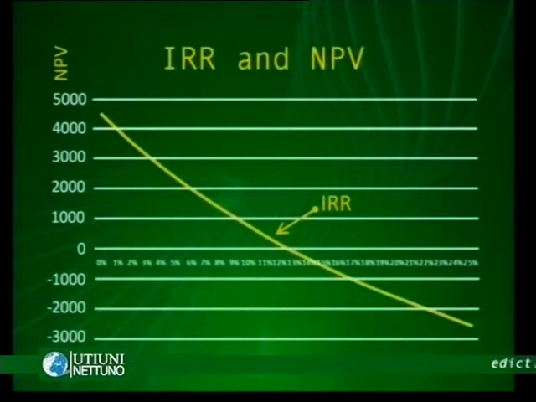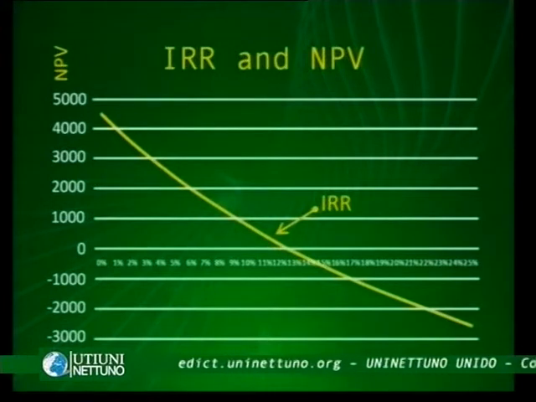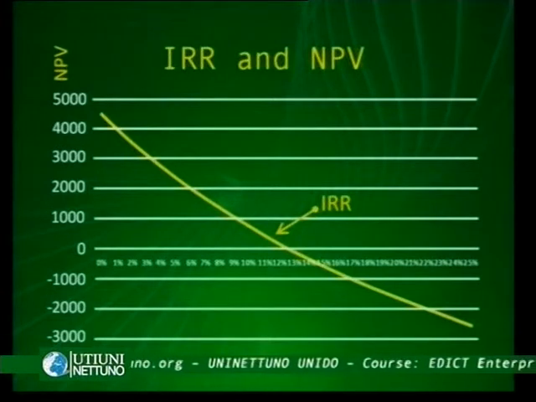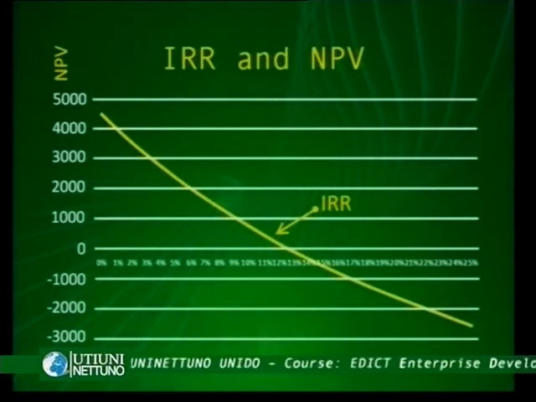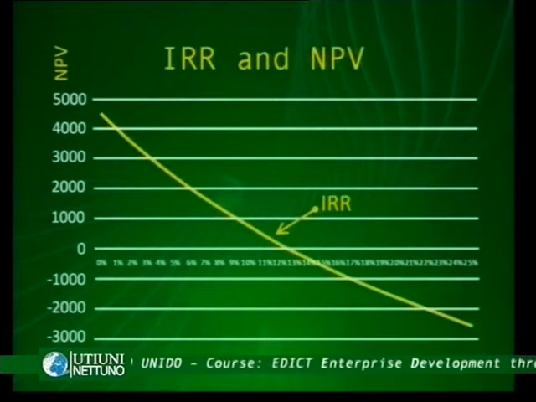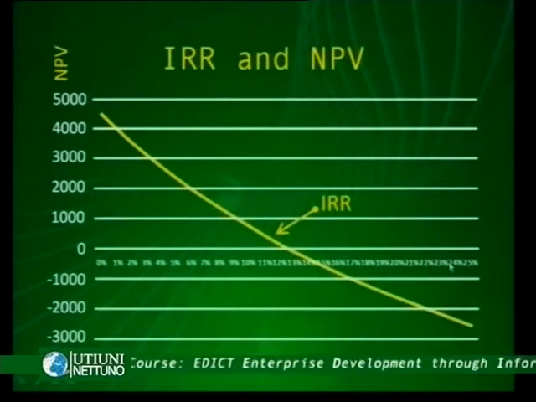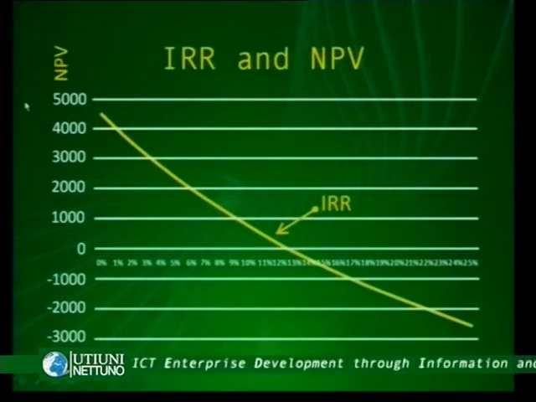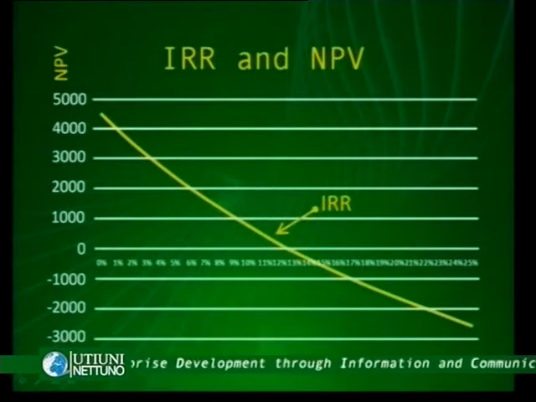On the y-axis we have the NPV and on the x-axis we have the discount rate. We have already explained that the NPV is a decreasing function of the discount rate.